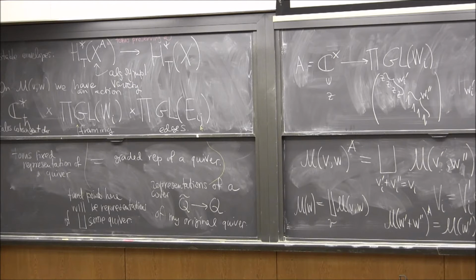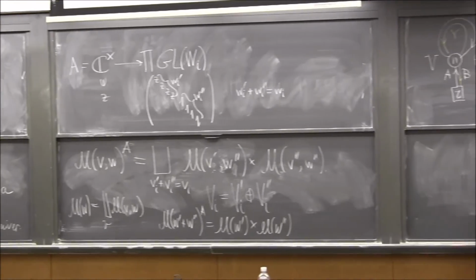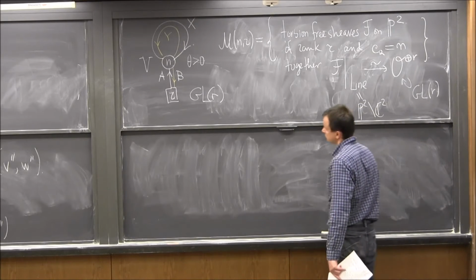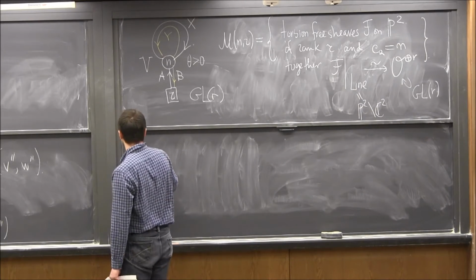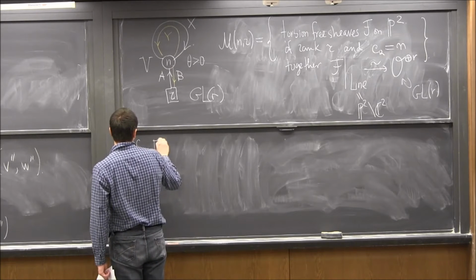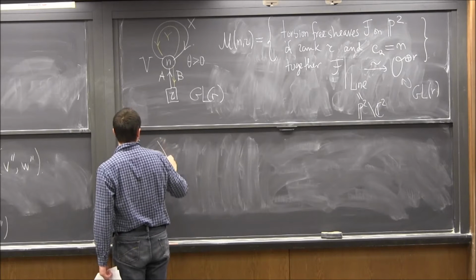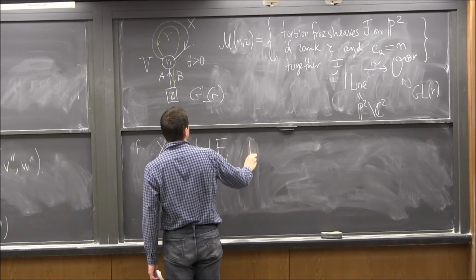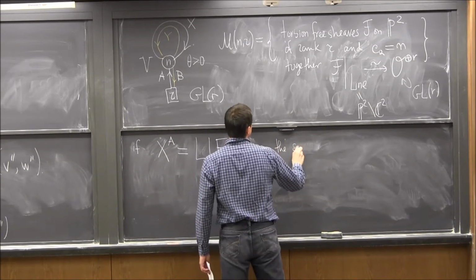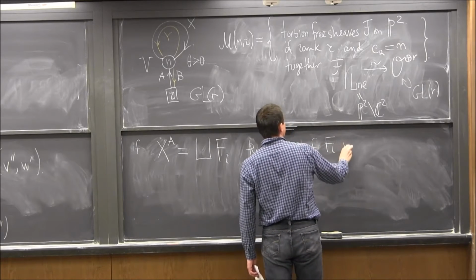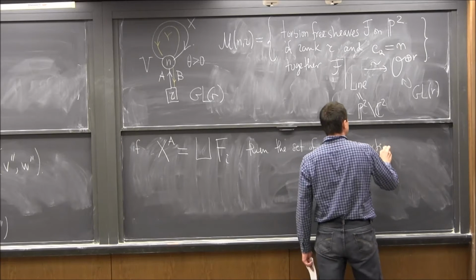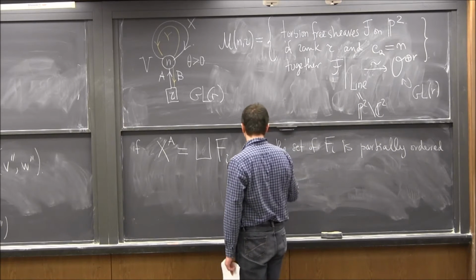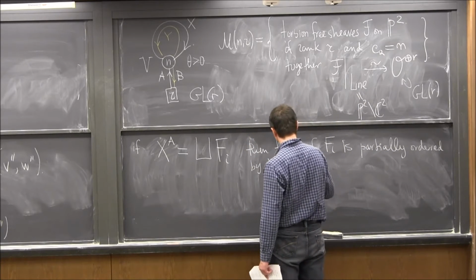So if you recall, if I take my X^A, this is a disjoint union of components F_i, then the set of F_i is partially ordered by the direction of the flow.